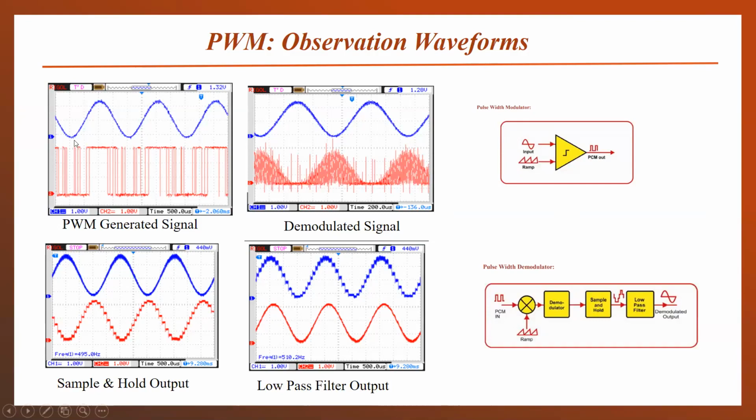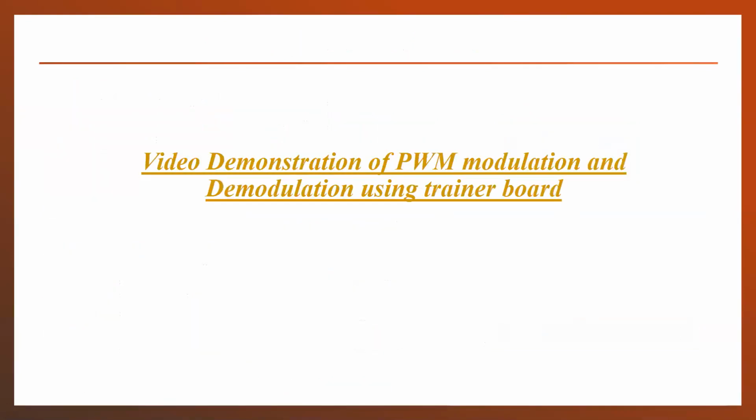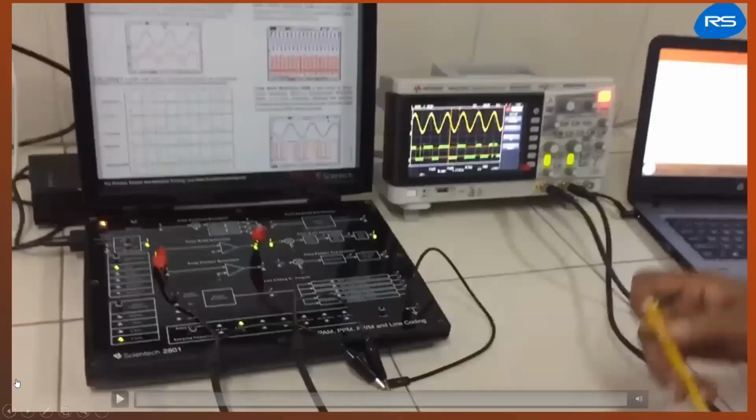You can see that the starting and the ending of the message signal is not the same at the modulating and demodulating ends. This was due to delay in the particular blocks of our modulation and demodulation circuitry. So here you can see the pulse width modulation and demodulation using a comparator circuitry which we had discussed earlier.